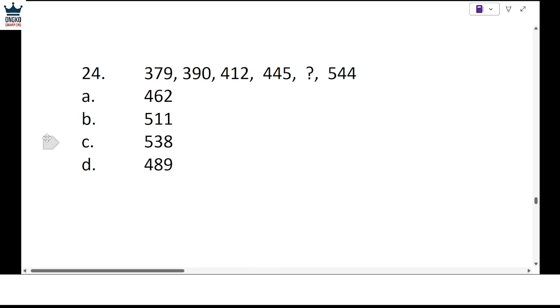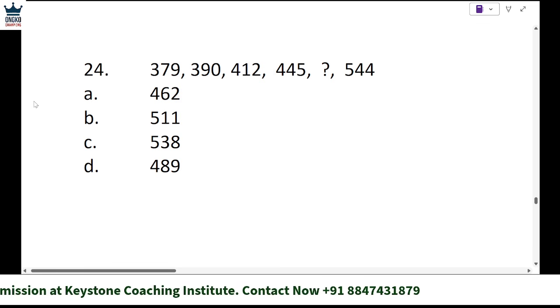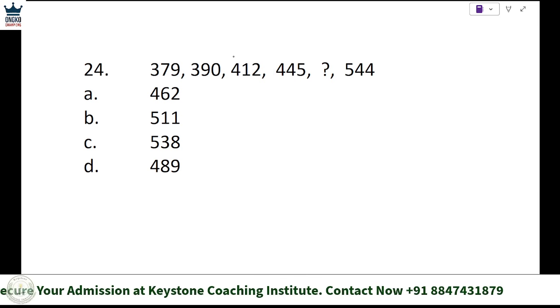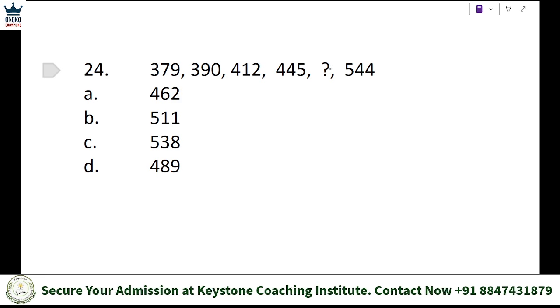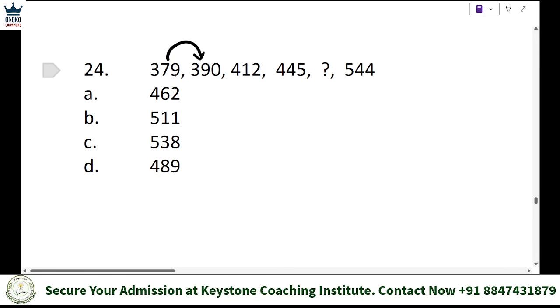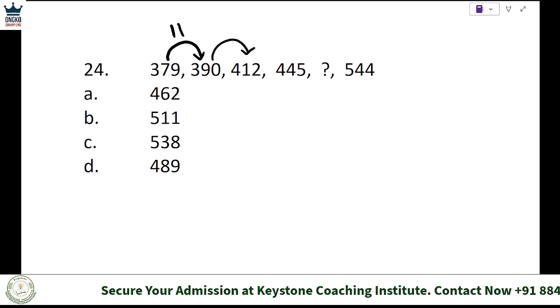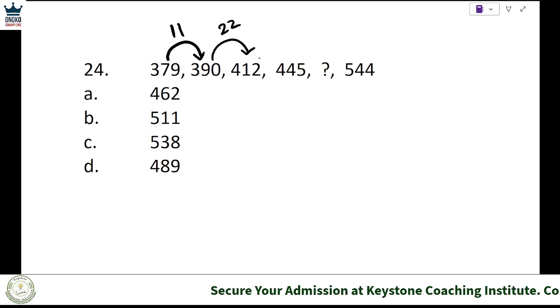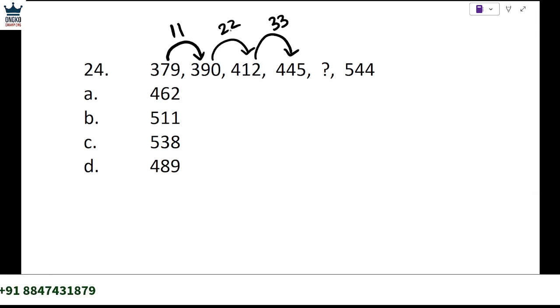This is a missing number, number series question. We have 379 and 390. The numbers are increasing by 300, 400, 500. So let's see how much it increases. From 379 to 390 that means 11 increase, then 22 increase, then 33 increase. So just by seeing the pattern: 11, 22, 33.